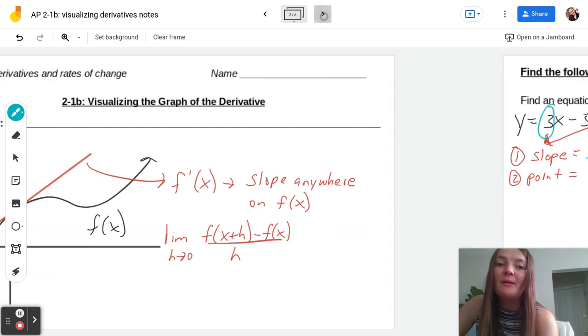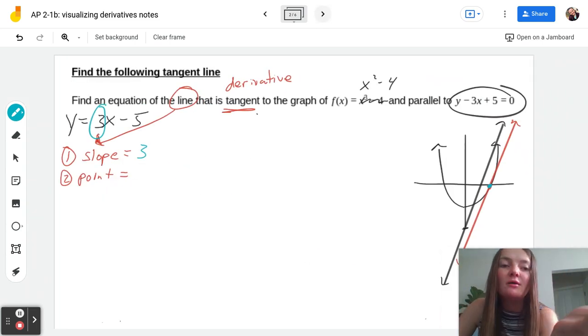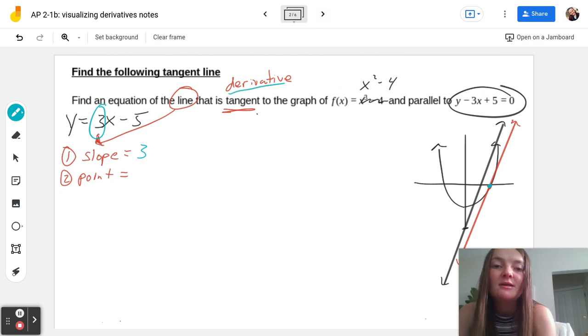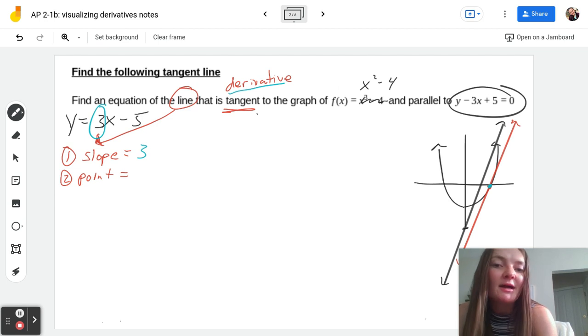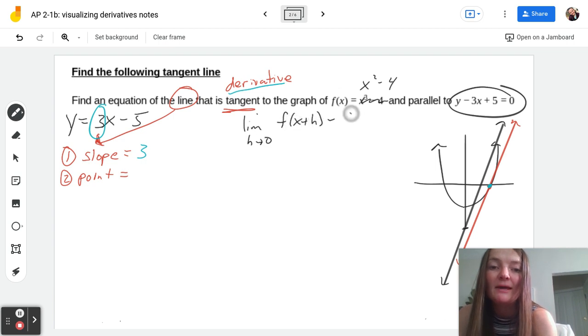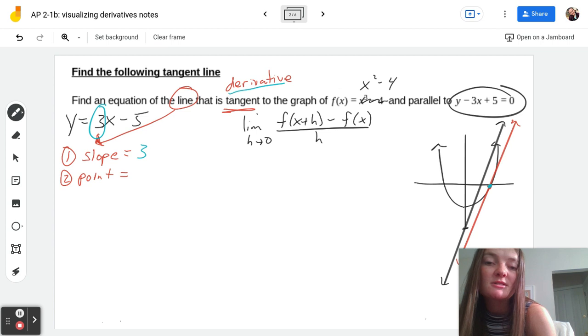to 3. So I'm going to find the generic equation for all of the slopes of this quadratic by taking the derivative. So I'm going to take the derivative of x squared minus 4. To do that, I'm going to use limit notation. It's going to be the limit as h approaches 0 of f of x plus h minus f of x all over h. Okay, f of x plus h, that is some simple substitution there.